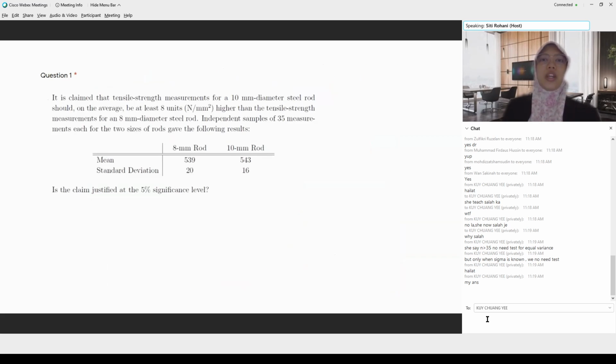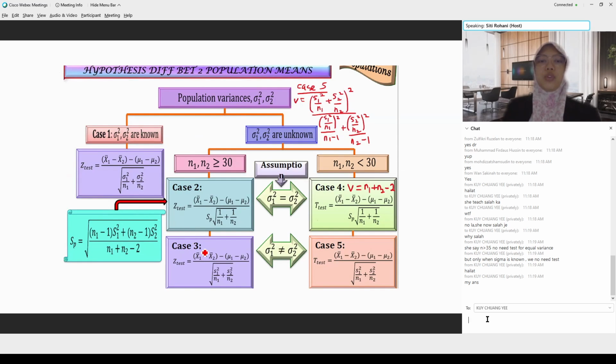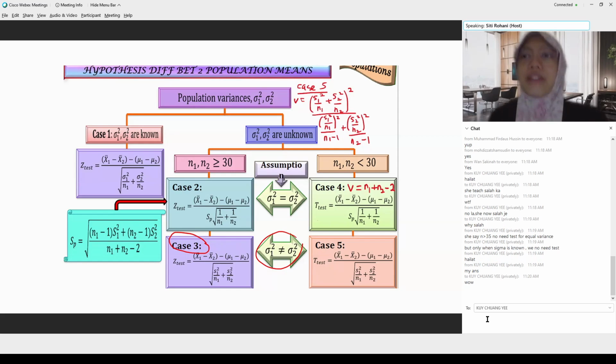For this question, it doesn't state whether the variance is equal or not. So we assume that the variance is unequal. That means we have to use the formula from case 3. So you don't have to do the hypothesis testing to check for the variance equality. However, if the question stated that the variance is equal, you have to use case 2.